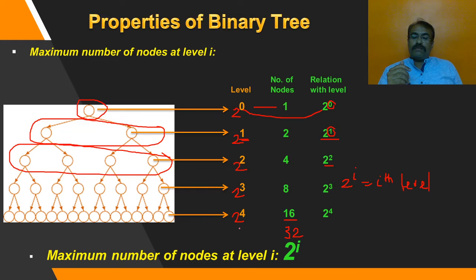Level number 5, if I increase the tree, will be 2 raised to power 5. So this way we can relate the level number and the maximum number of nodes we can have at that particular level.